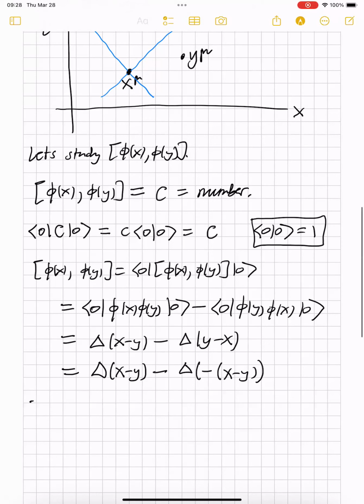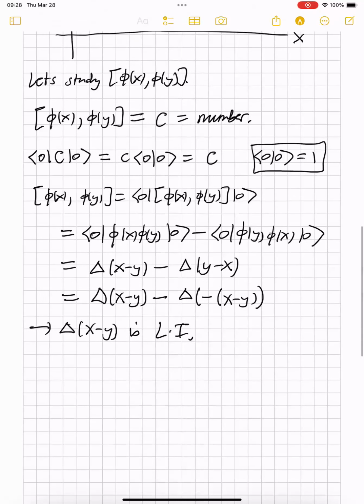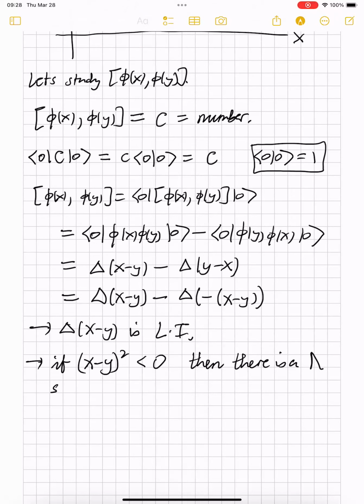The next thing that we used is that delta of x minus y is Lorentz invariant. We proved that. And then finally, you guys proved that if x minus y is space-like, so (x minus y) squared is less than 0, then there is a Lorentz transformation, let me call it lambda, such that lambda acting on (x minus y)^mu gives you minus (x minus y)^mu.